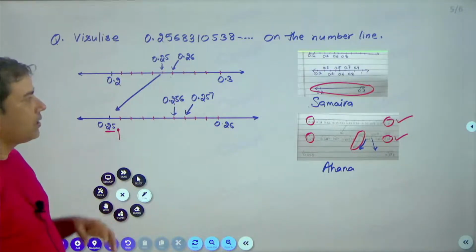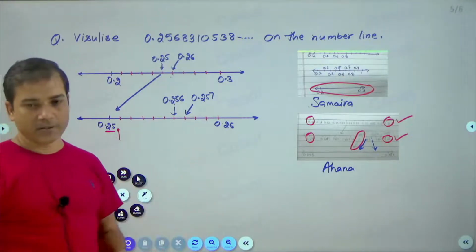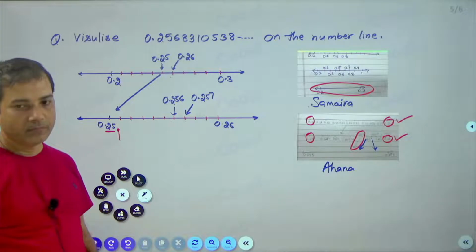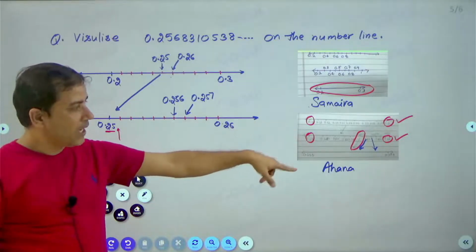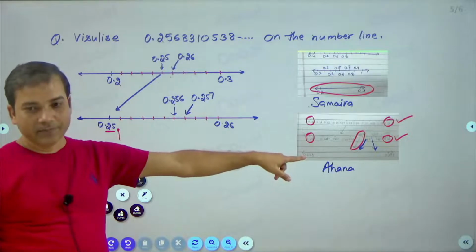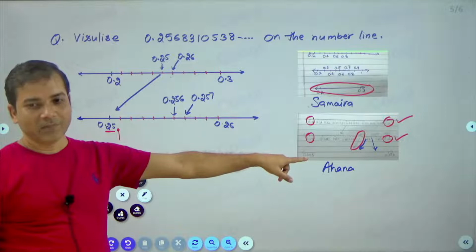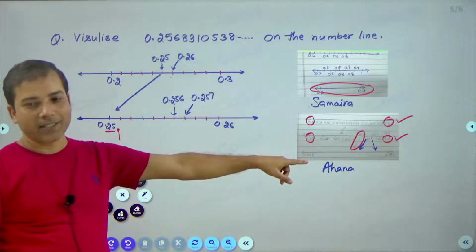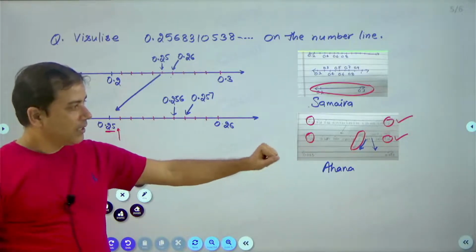Our motto is to understand how to compare decimal numbers. And after 2 steps, Ahana also got confused here, or maybe it was done hurriedly, right, Ahana? Yes. Because at the last moment I said it's time over, submit quickly, so you did this hurriedly.